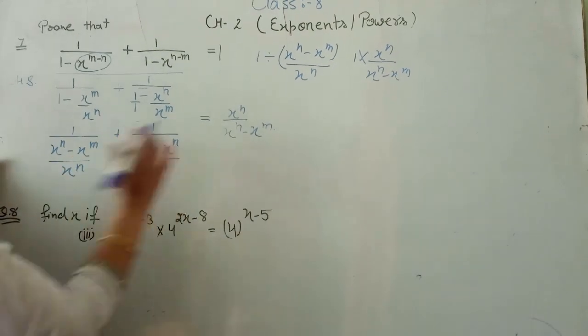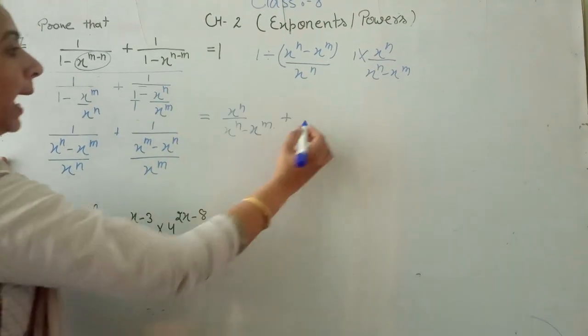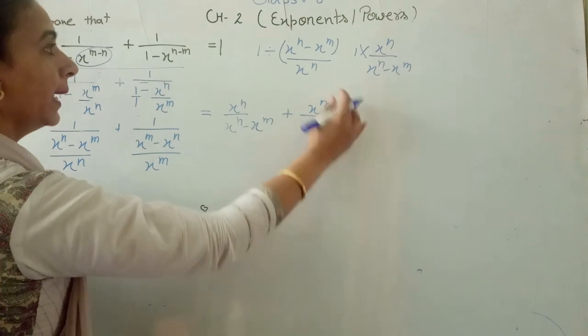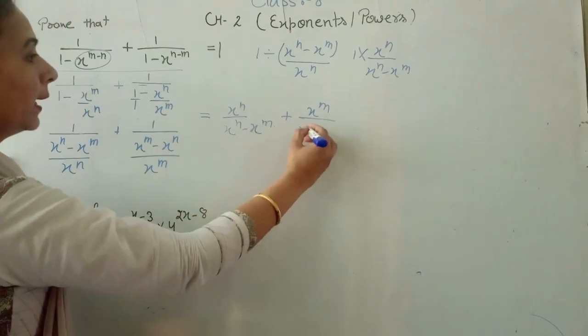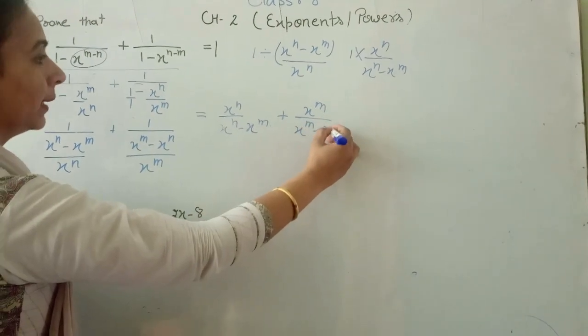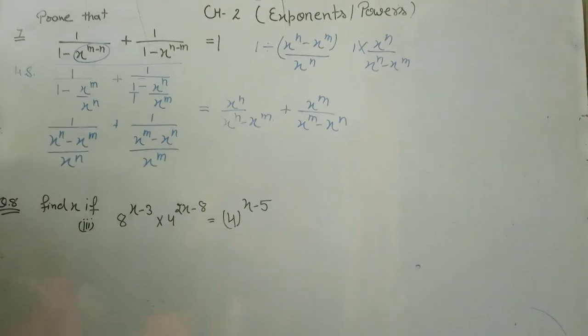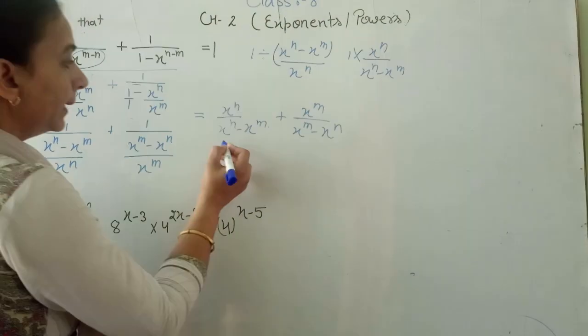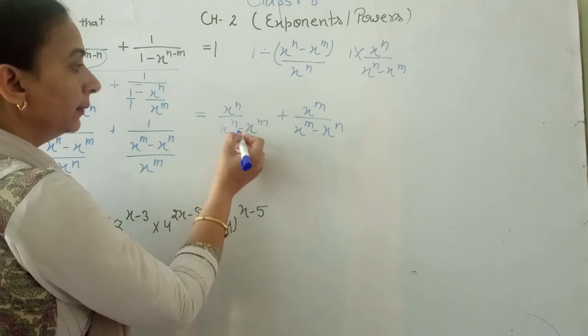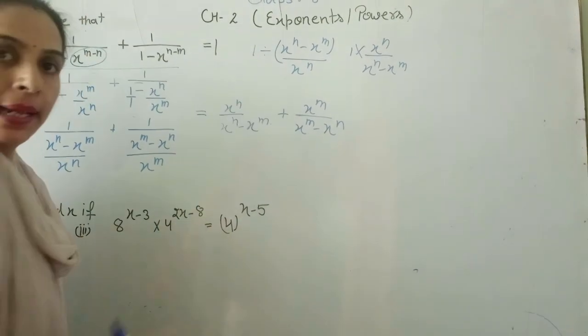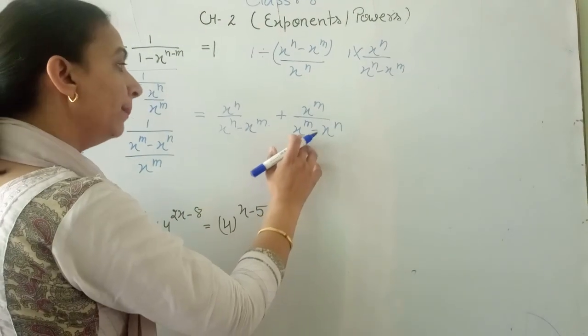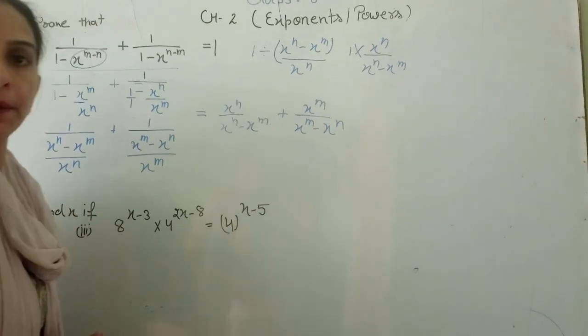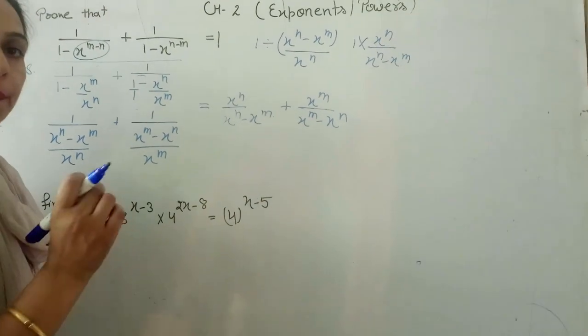Clear? Plus same, x raised to the power m by same method, divided by x raised to the power m minus x raised to the power n. Student, there is x raised to the power n minus x raised to the power m, but here it is m minus n, so we take a minus common.